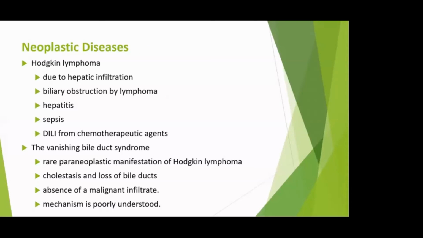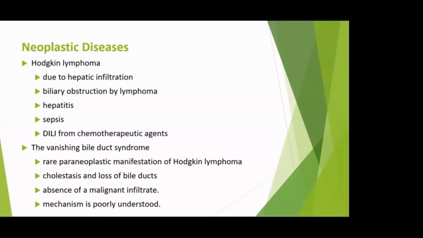Other paraneoplastic manifestations: liver involvement in Hodgkin's lymphoma is common, and could be secondary to hepatic infiltration or biliary obstruction by lymphoma, hepatitis, sepsis, or DILI from chemotherapeutic agents.